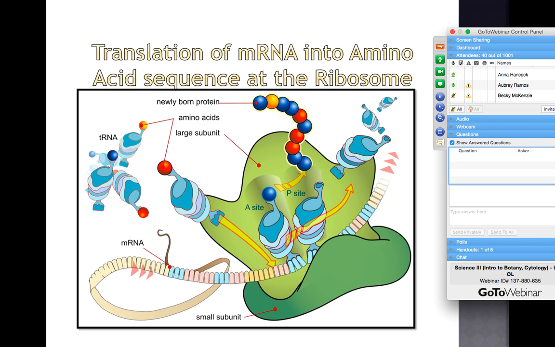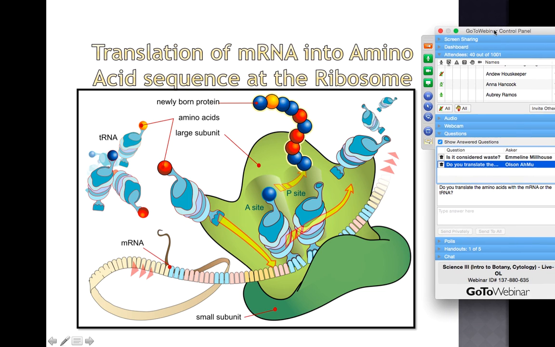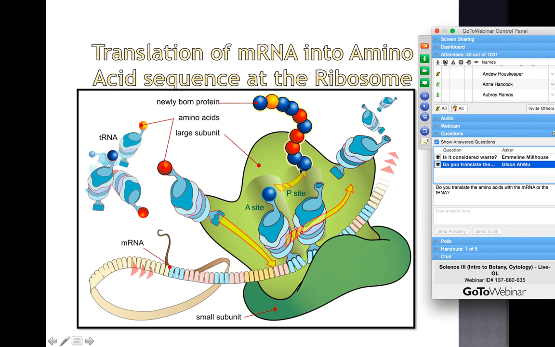What happens to the transfer RNA? So here we have transfer RNA that is charged with amino acids, and then once it releases the amino acid, it goes back and is not charged anymore. So the protein is this sequence of amino acids that is starting to grow.